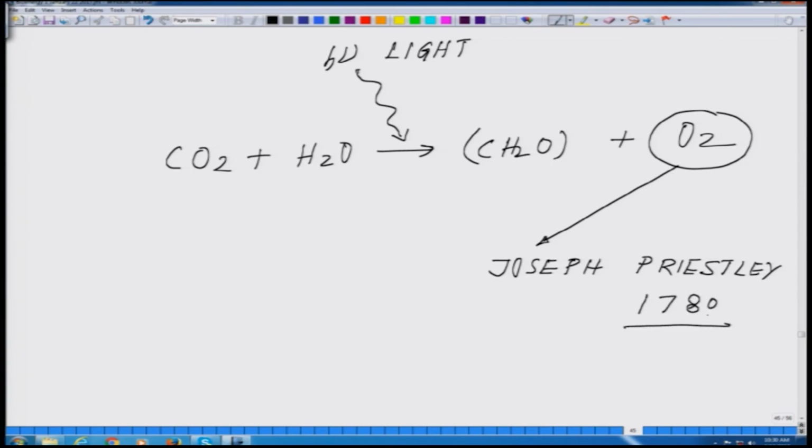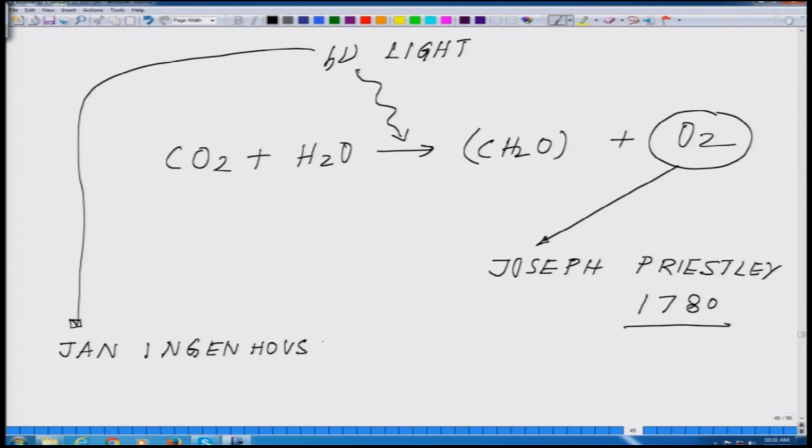The next major discovery was the role of light, which was described by a Dutch scientist, Jan Ingenhousz. The third one was Jean Senebier. His discovery was with carbon dioxide.